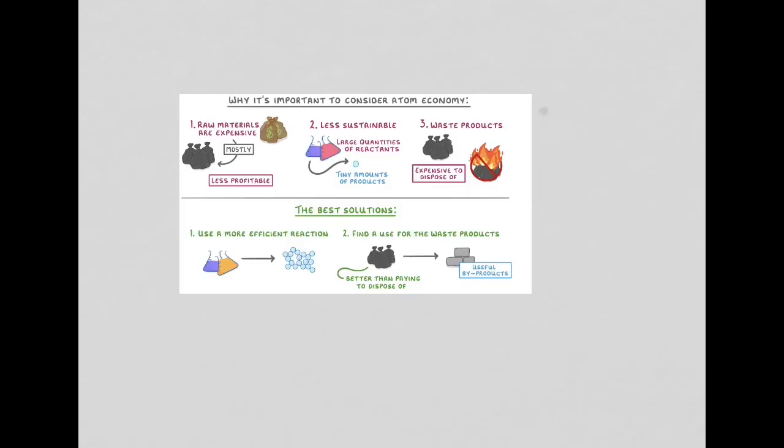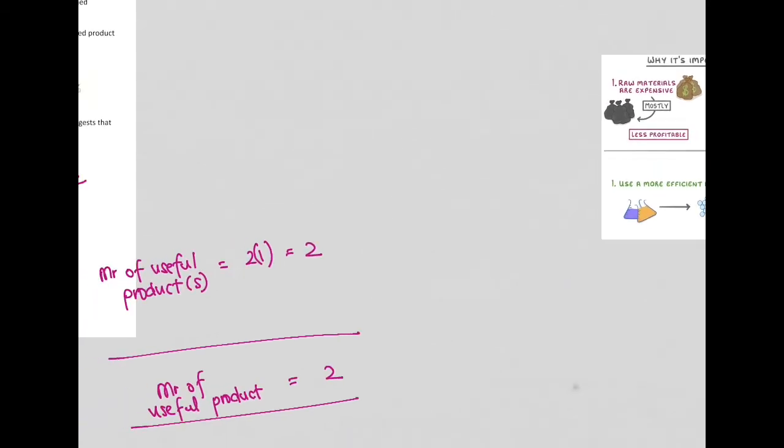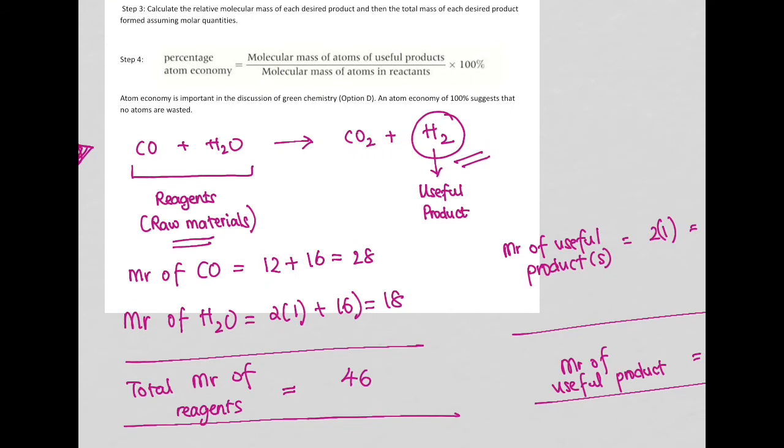Now, atom economy is very important to be considered. Firstly, because raw materials are expensive, and the more you waste them, the less profitable it is. So in this case, we have lots of the reagent that is being converted to carbon dioxide, which is actually going to waste.